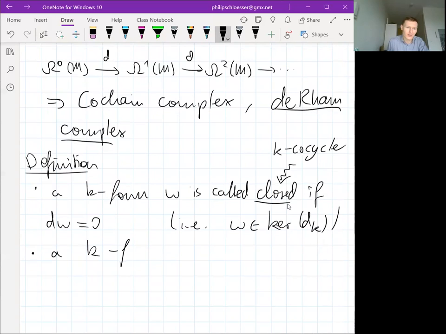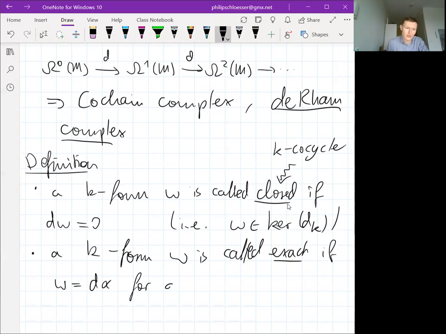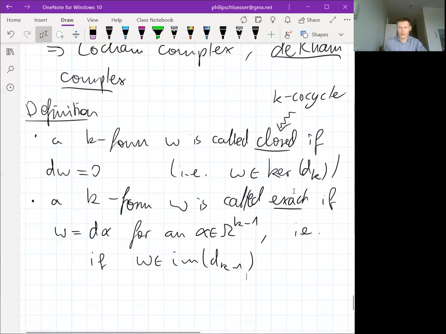Similarly, a k-form is called exact if ω is equal to dα for some α in Ω^(k-1), or in other words, if ω is in the image of the (k-1)th exterior derivative.